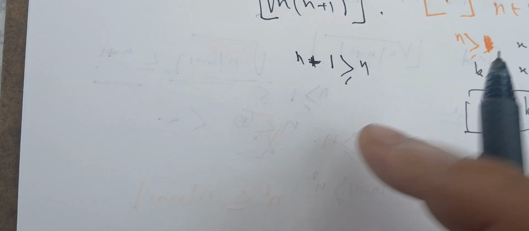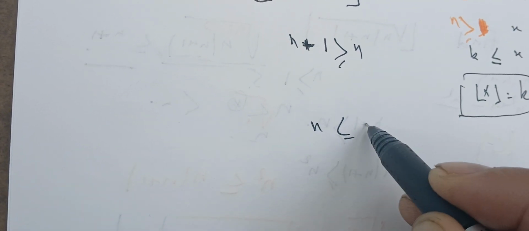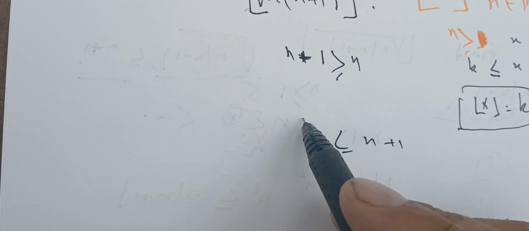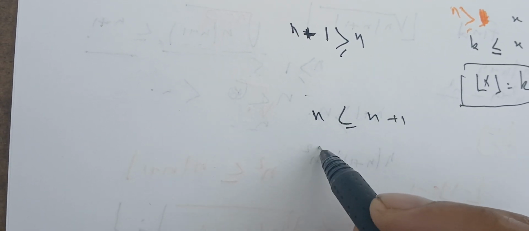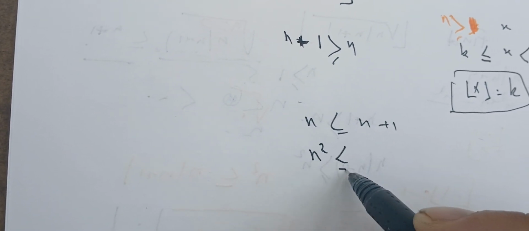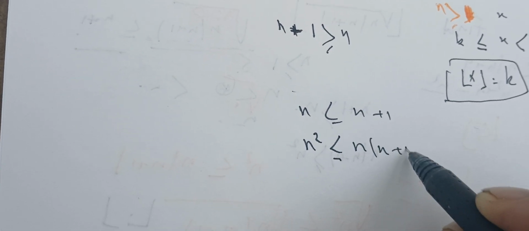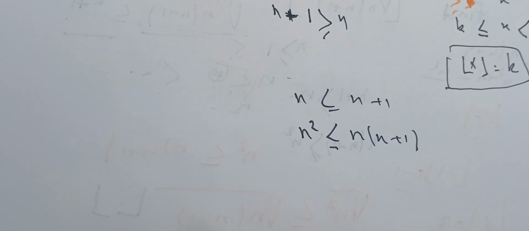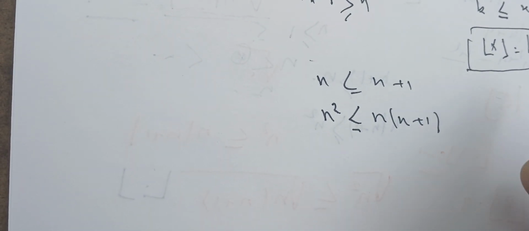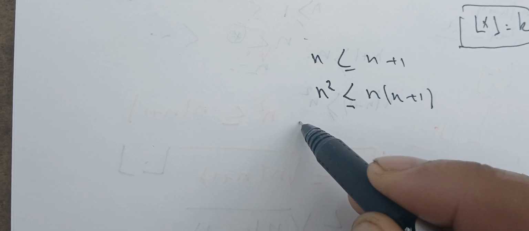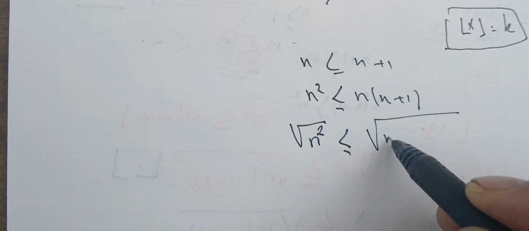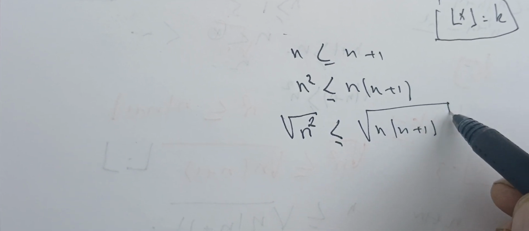Let's do it this way. n is less than n plus 1. If we multiply both sides by n, we have n squared is less than n times (n plus 1). Now taking the square root of both sides, and since the square root is an increasing function, nothing changes, so the square root of n squared is less than the square root of n times (n plus 1).